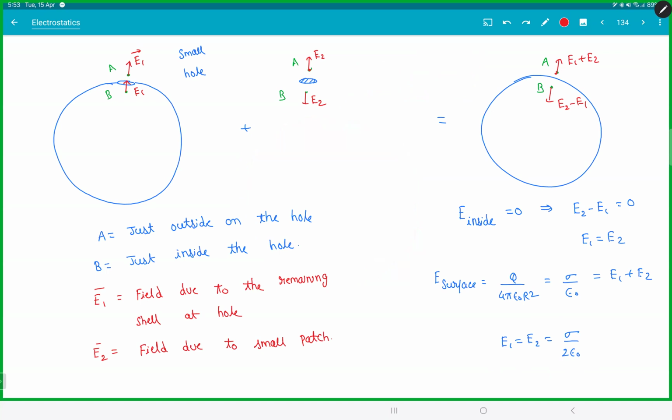So when I want the force on the patch, it should be the field due to the remaining shell into the charge on the patch. I should not take the total field on the patch, because in the total field there is a component, the field only due to itself, which should not be considered. Is that argument making sense, everyone? Just because of that one thing, you have to do all the story here. Any doubts on this page?